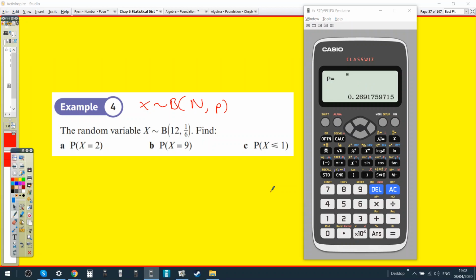Yeah. The other way is you would do menu distribution instead of 4 for binomial probability distribution. You'd press down and go to binomial cumulative distribution. Variable x is 1. It's the same thing. X is 1, n is 12, p is a sixth, and it automatically does the probability of 0 plus the probability of 1.